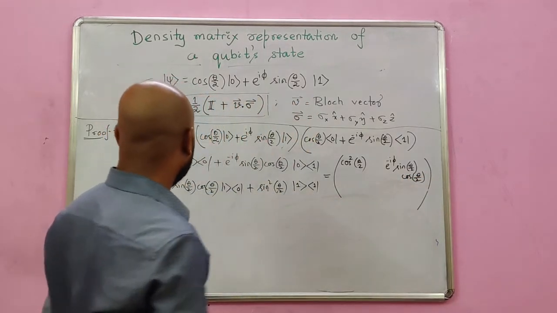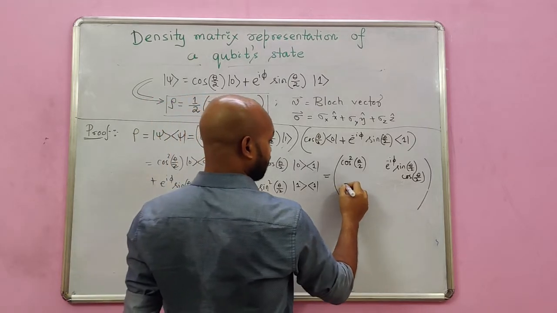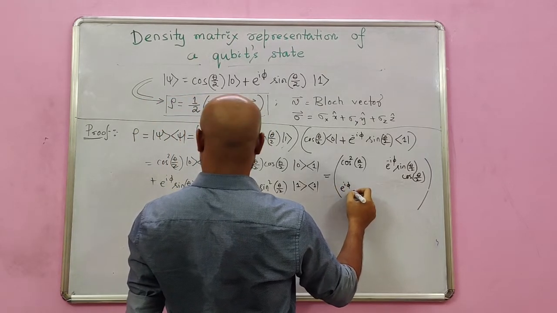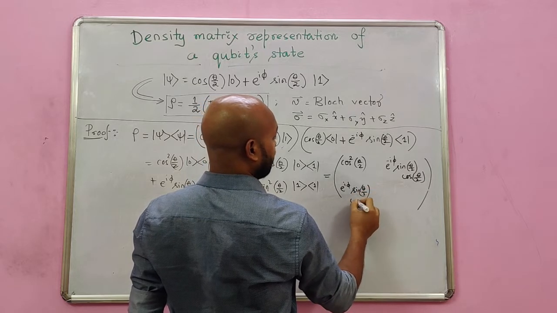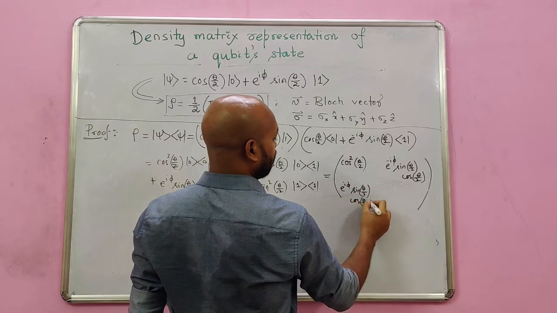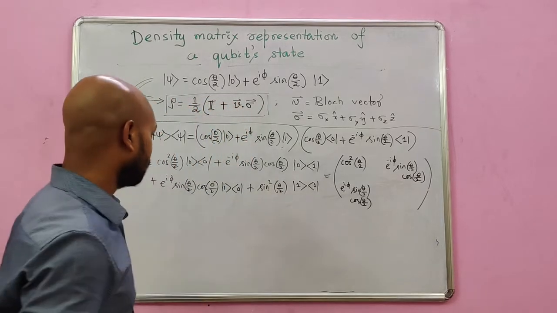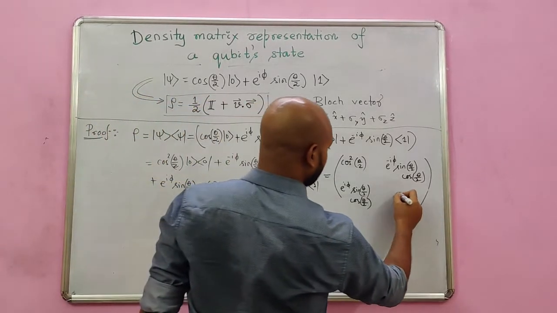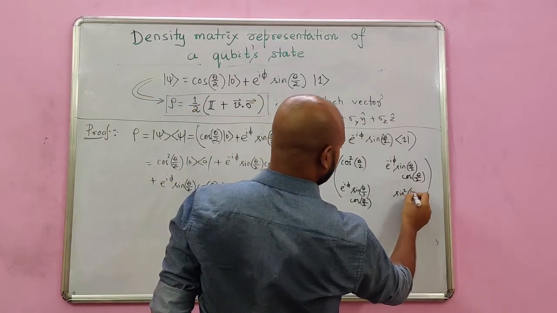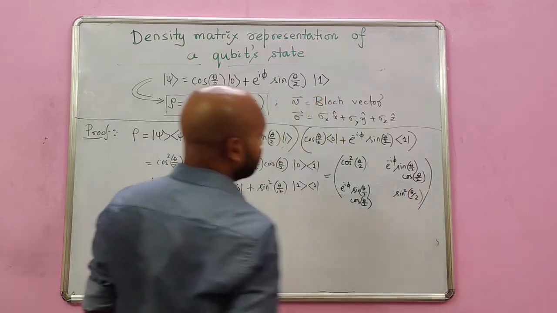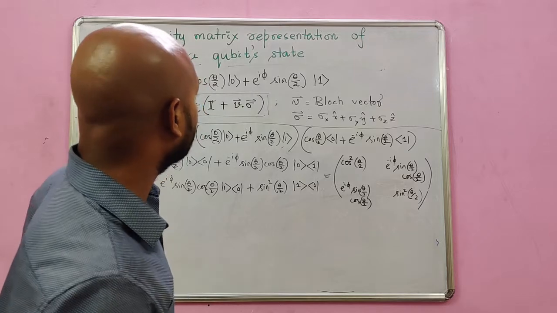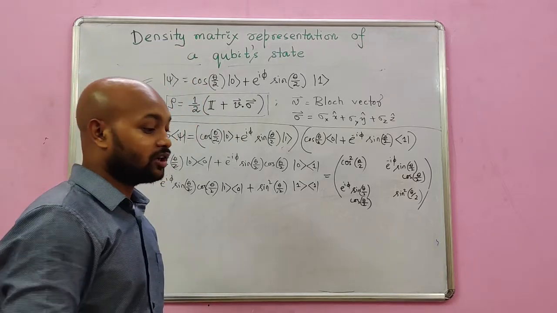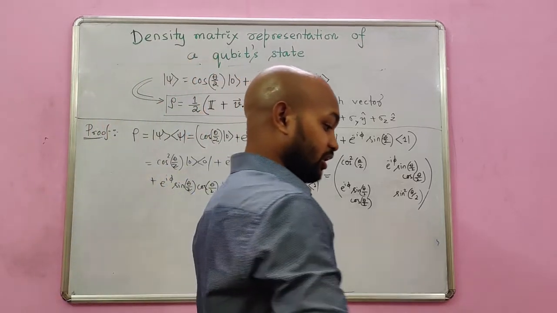Then I get e power i phi, same sin theta by 2 cos theta by 2, and then the last term is sin square theta by 2. You could also see here that the diagonal terms add up to one, and that is indeed what it should be. The diagonal terms give you the net probability.